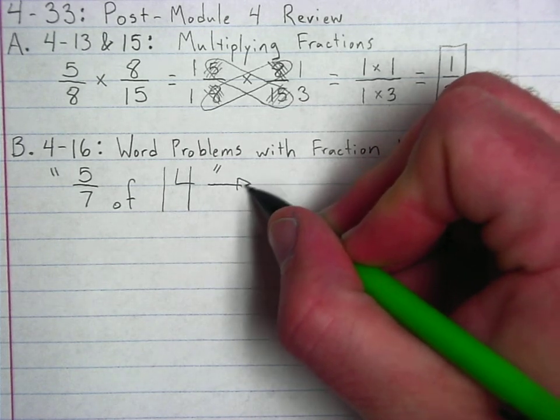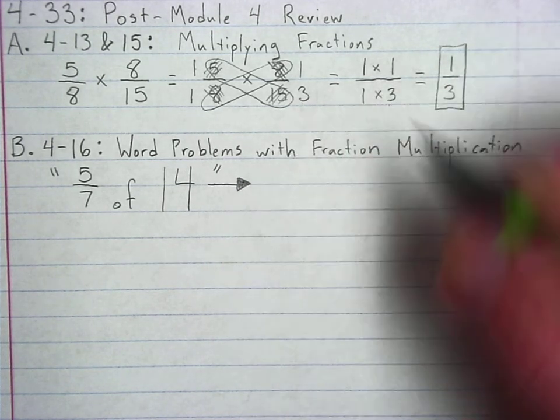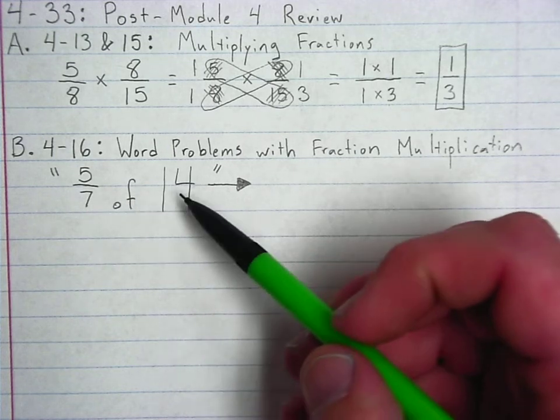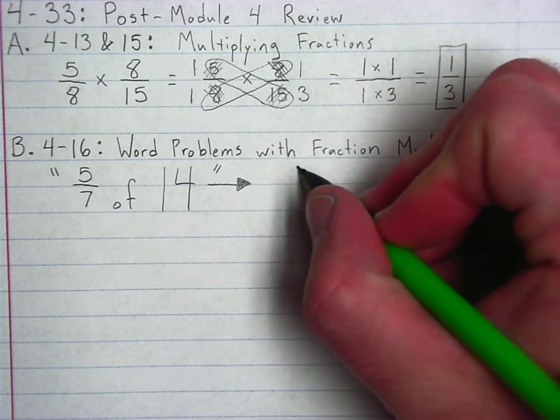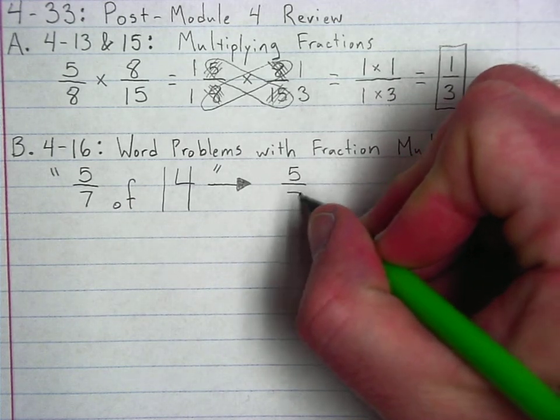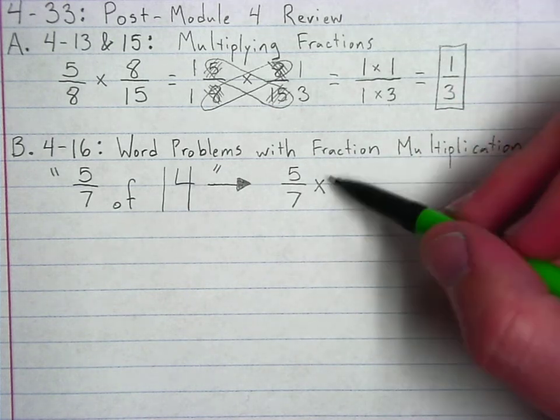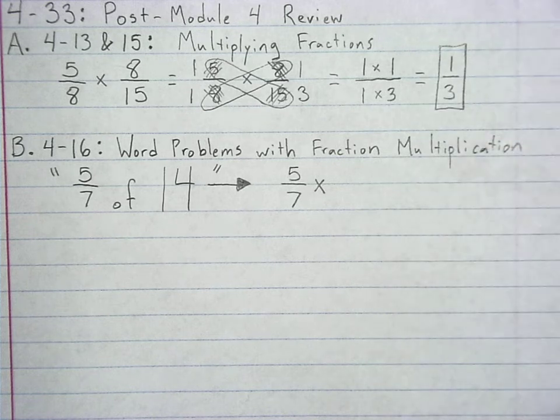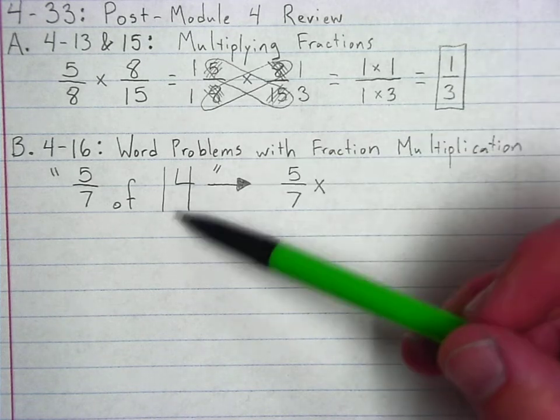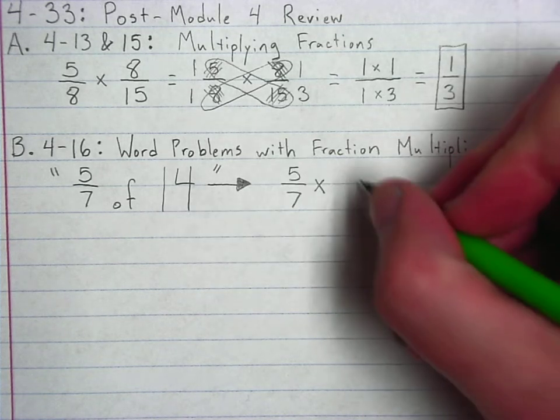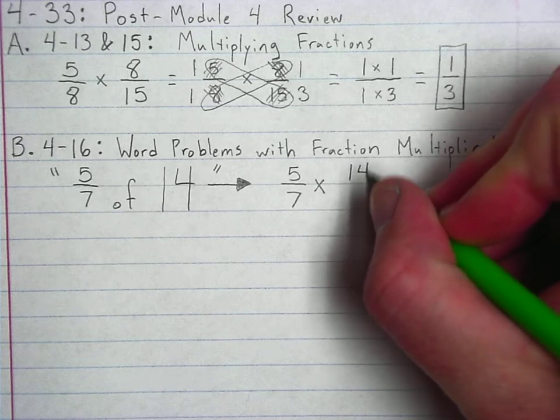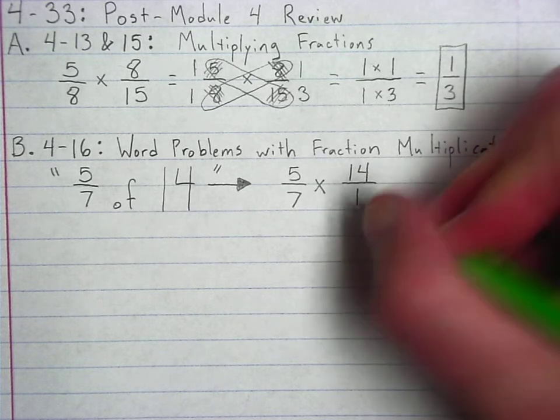But the big thing I want you to remember here is that when you see a fraction of a whole number, that means a fraction times the whole number. And I could write 14 here, but I'm going to kind of take a shortcut. I know that any whole number can be turned into a fraction simply by writing it over 1.